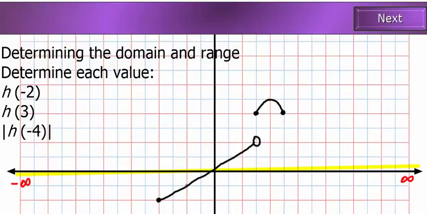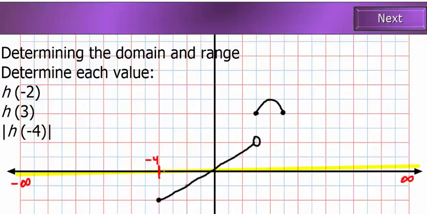I'm going to start ruling out values that are not part of the domain. Putting in these values where x is negative 6, negative 8, negative 9, negative 10, they don't produce any outputs onto the graph. The very first input that produces an output is negative 4.